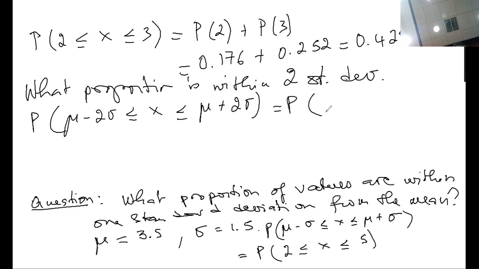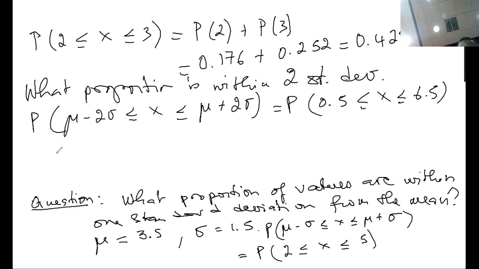It is the probability of 3.5, 2 sigma is 3, sigma is 1.5, 2 sigma is 3. This is 0.5, less than x less than 3 plus 3.5, 6.5.